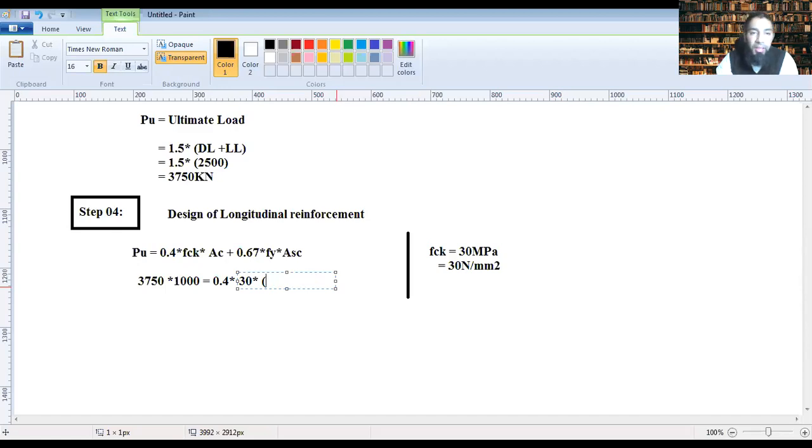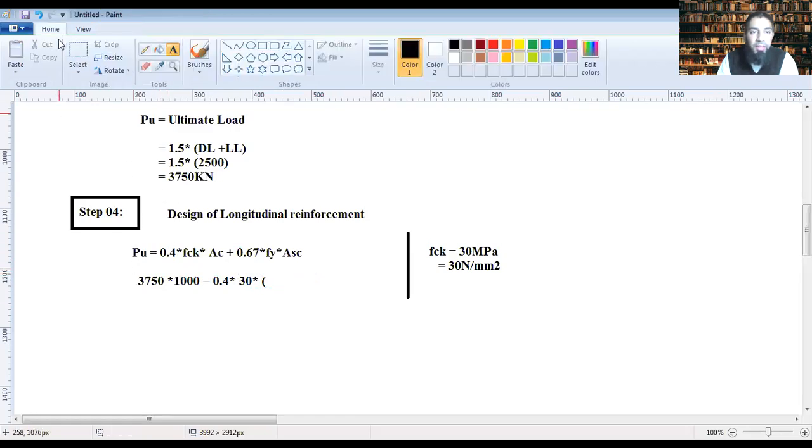Last time I gave you a formula which could be converted into AG. Let me convert this first into AG.